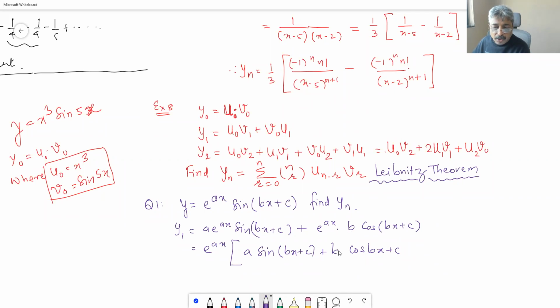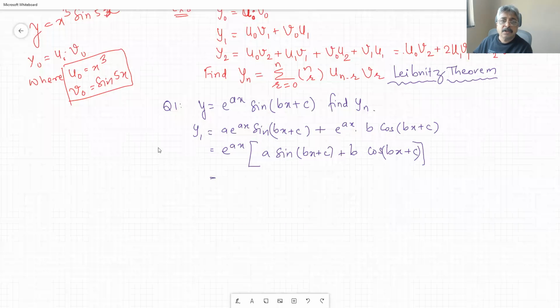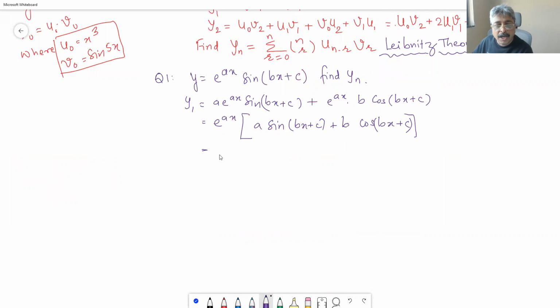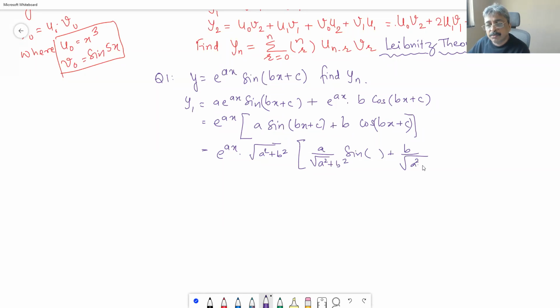And by restoring the form, we cannot afford to have so many terms, and therefore we use our trigonometry skills to restore the form, saying that e raised to ax, dividing and multiplying by root of a square plus b square, we get a upon radical a square plus b square sine plus b upon radical a square plus b square cos something.